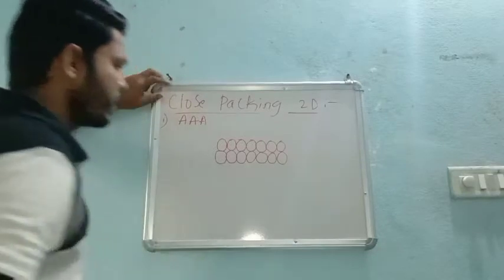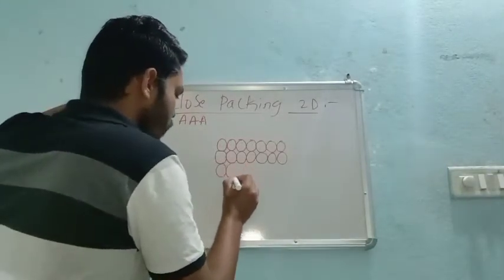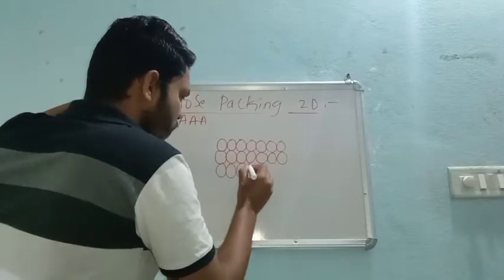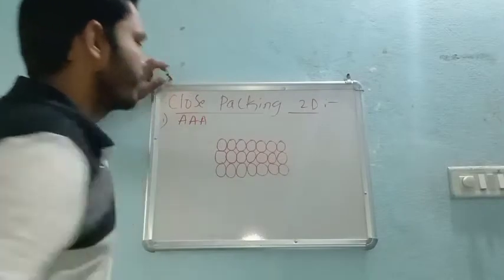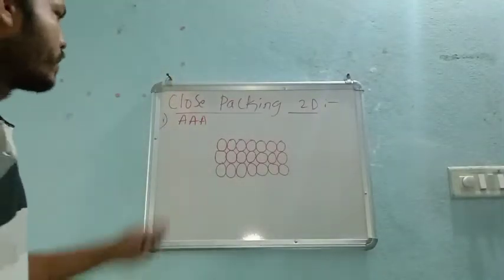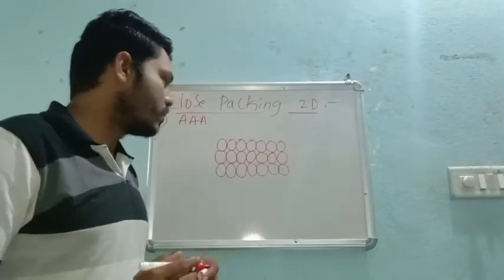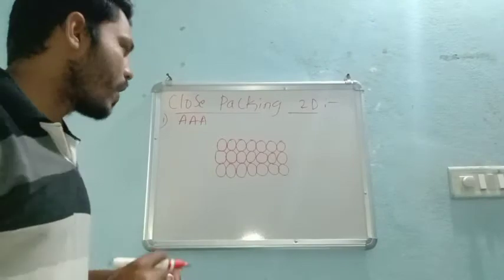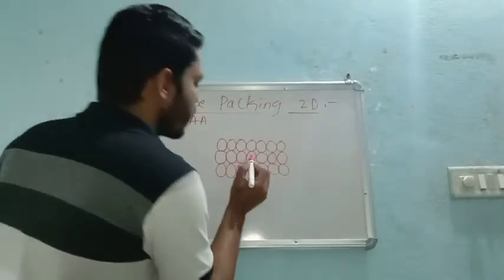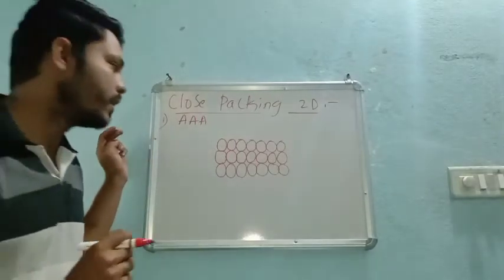You can write one more row like this. Now, our main intention is to count the number of constituent particles, meaning the coordination number. If I consider any atom, you can consider one in the middle row. So you can very easily understand.